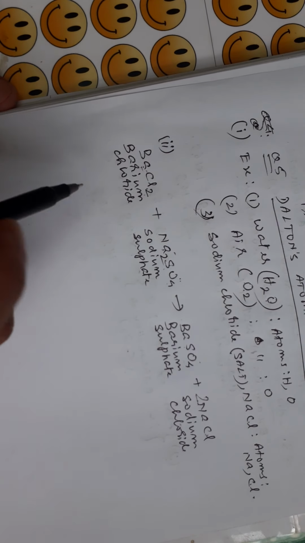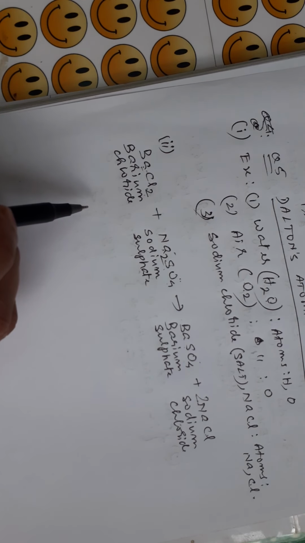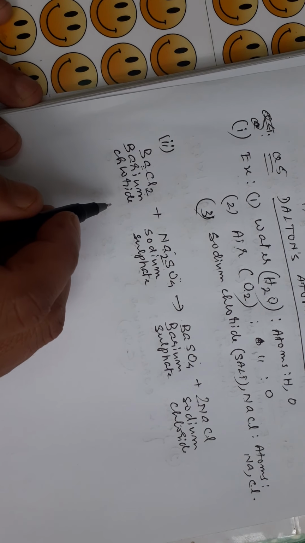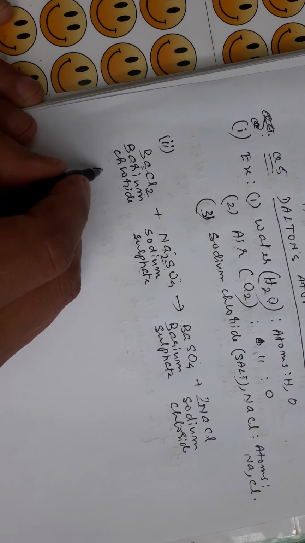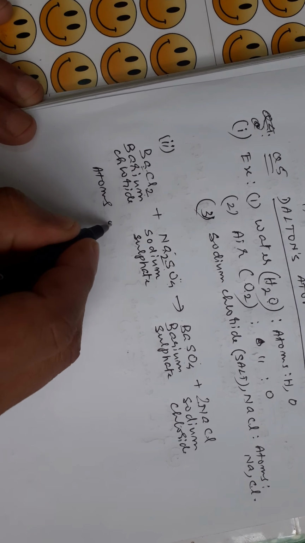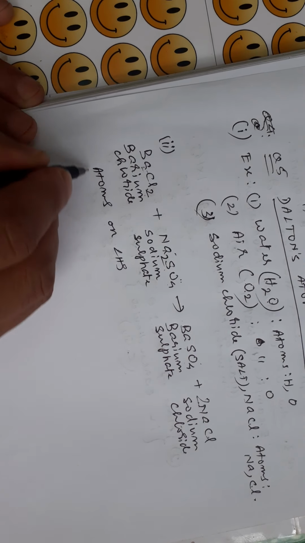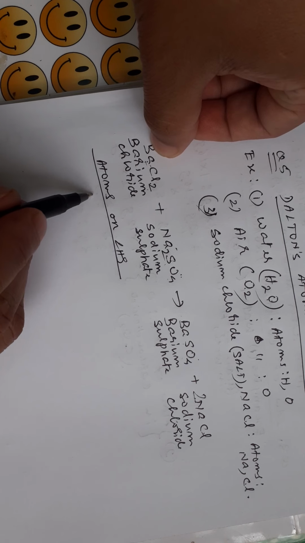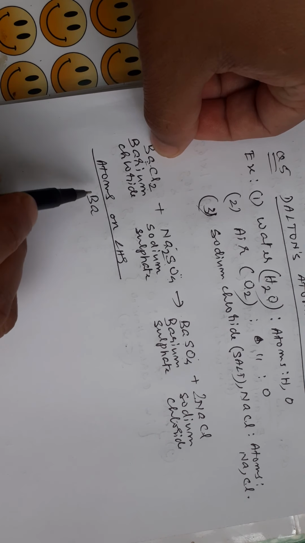Now let us see here. Point number 2 is saying indivisible and cannot be created or destroyed. Let us see whether that's true or not. Write down here atoms on left hand side. What are the atoms? Please tell me. Yes, barium atom.